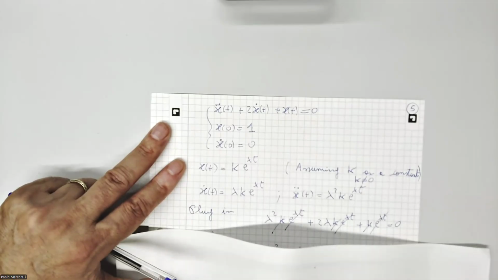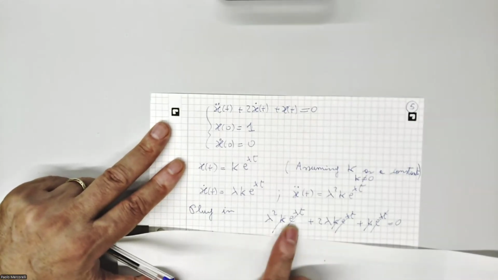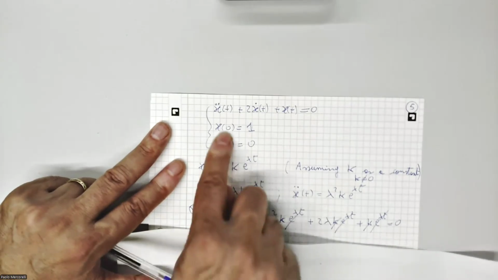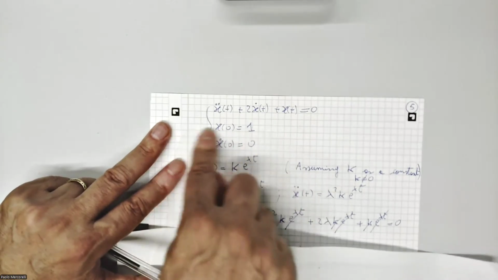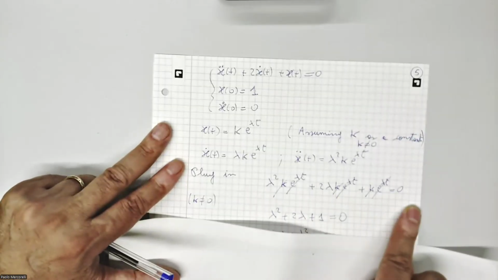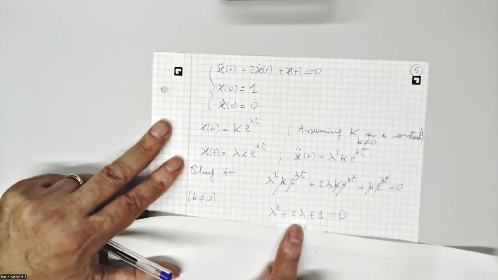We did this analysis many times. The exponential function is always not 0. Remember, this means I can cancel it. K, in accordance with this hypothesis, is not 0, because if it is 0, I cannot satisfy this condition. This means from this expression I have this characteristic polynomial. Do you remember? This is the name.